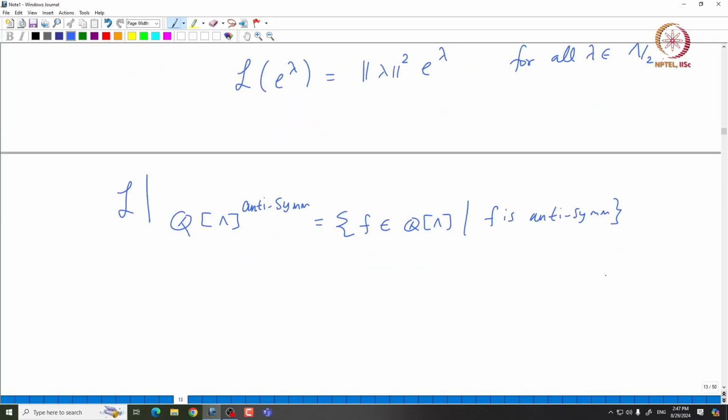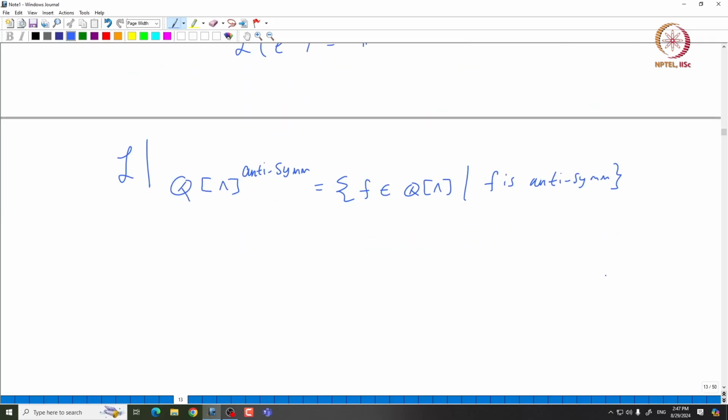By definition, this is those f inside Q bracket lambda such that f is antisymmetric. And we have already seen that this is indeed a subspace of this Q bracket lambda, sorry, not a subring, it is a subspace. The addition and scalar multiplication all preserve this antisymmetric property, but the product of two antisymmetric elements will be symmetric, which we do not want. But this is a vector subspace.